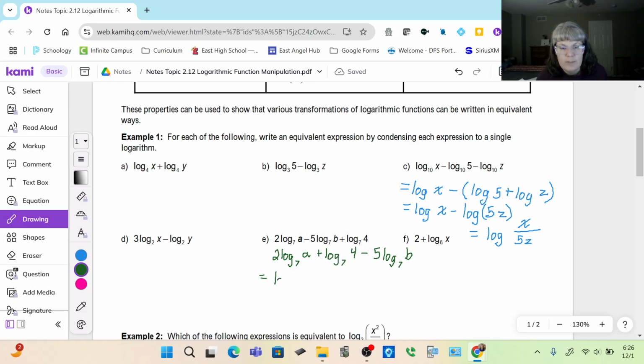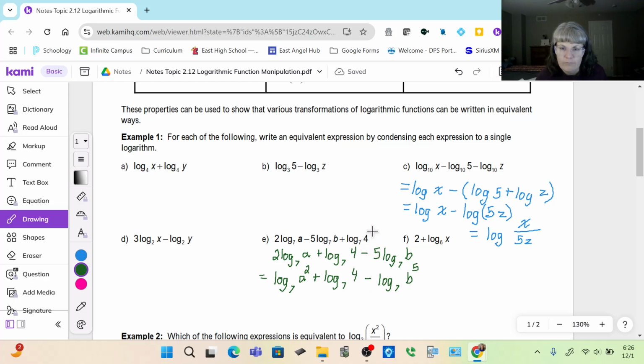So this is going to become log base 7 of a squared plus log base 7 of 4 minus log base 7 of b to the power of 5. Remember, when you have a power on this, it could be written in the front.